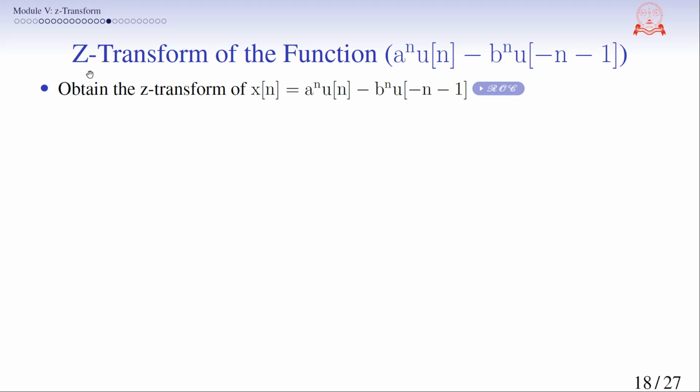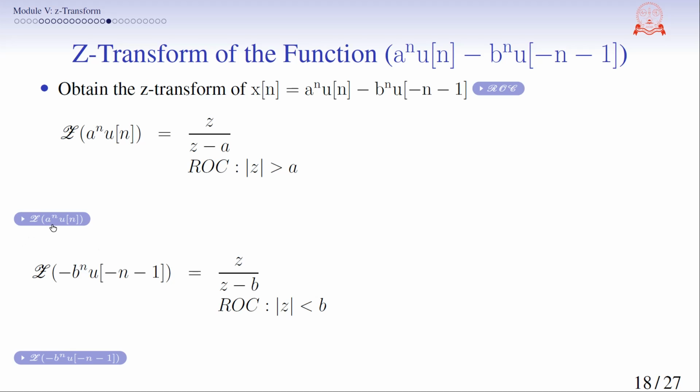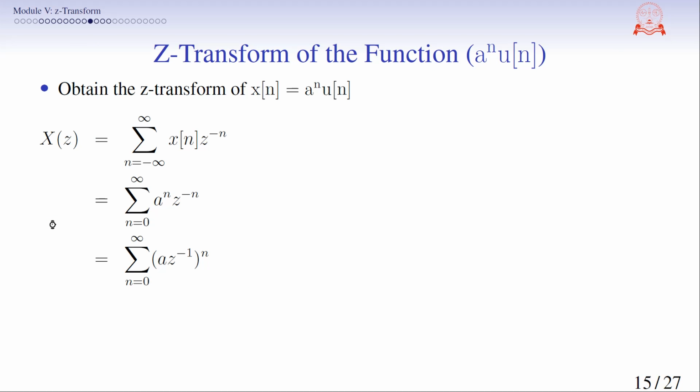So next is the transform of the function a raised to n u of n minus b raised to n u of minus n minus 1. We know that a raised to n u of n has the z transform of z divided by z minus a, and the ROC is mod z greater than a, which has been explained in slide number 15.